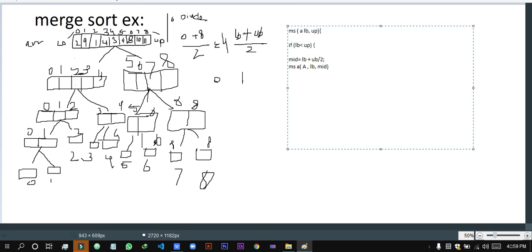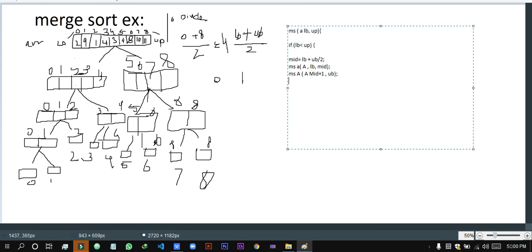This has been an array, and the second one is merge sort array A, from mid plus 1 to upper bound. Okay, it indicates that it has been starting from 5 to upper bound. Okay, hopefully it has been clear to you.